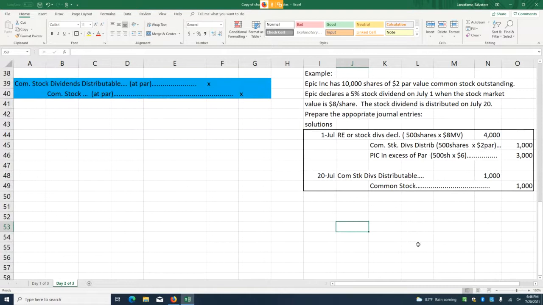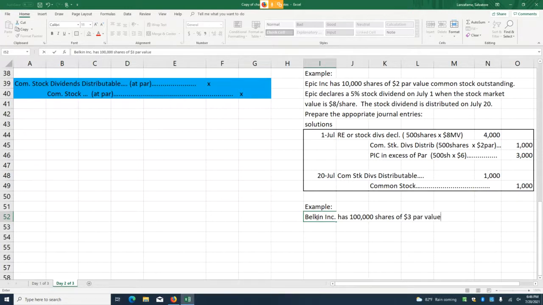So now let's do QS 13-9. We'll call it another example. This one says Belkin Inc. has 100,000 shares, $3 par value, common stock outstanding.